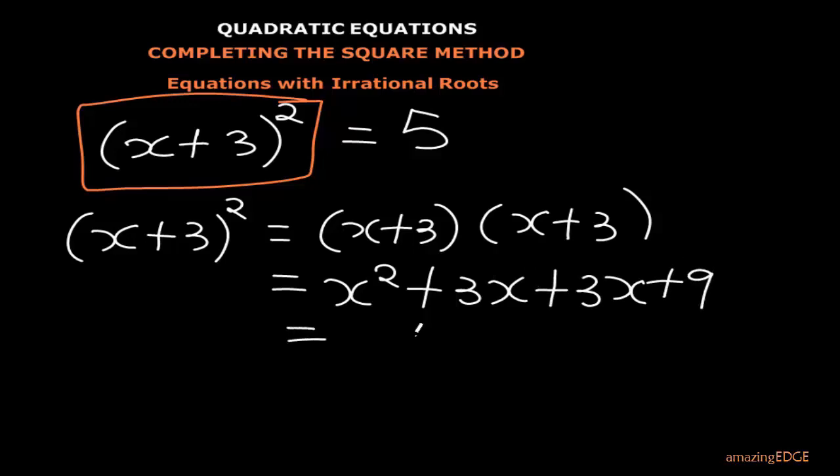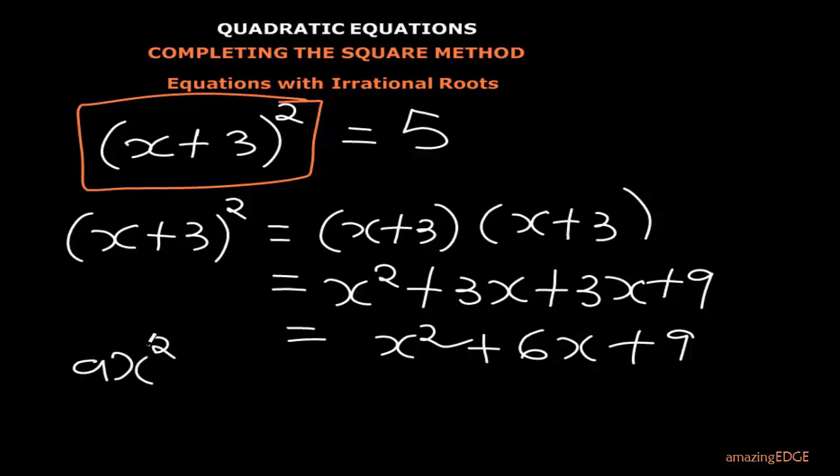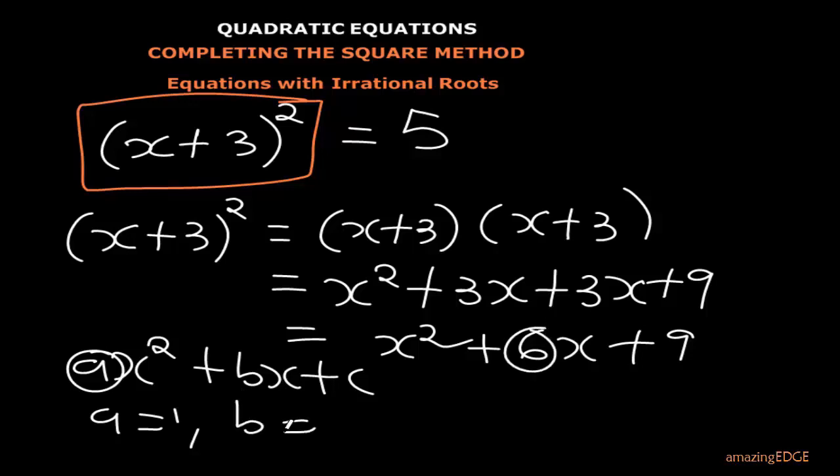So this will give you x squared + 6x + 9. And that's what you have. So this is a quadratic equation, and you agree with me, it conforms with the general form ax squared + bx + c. So your a here is equal to 1, your b is equal to 6, and your c is equal to 9. So this is actually a quadratic equation.